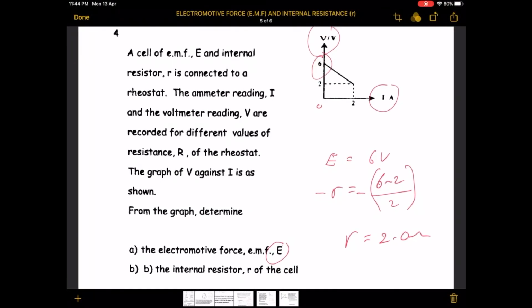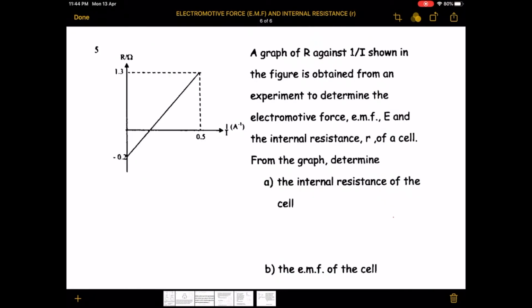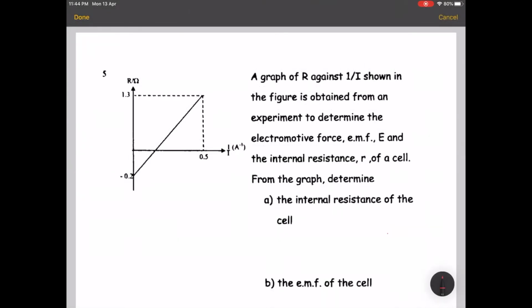Then you look at the last example. It's the R versus the 1 over I graph. And I said before, in case you've forgotten, your E is equal to this.